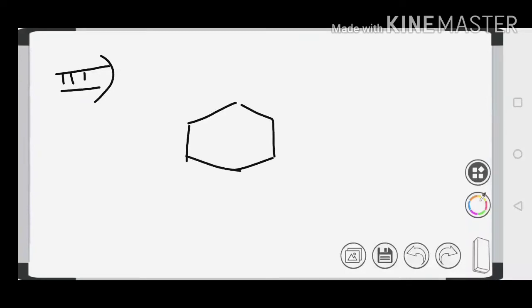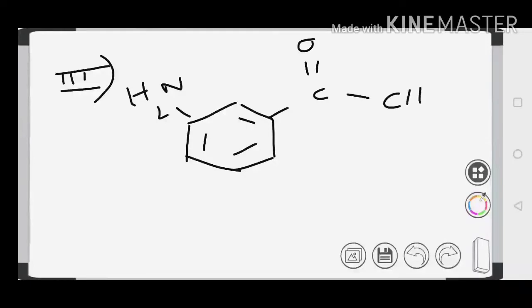And in the third option, see, with the aromatic ring, NH2 is present, then there is C double bond O, then there is CH3.